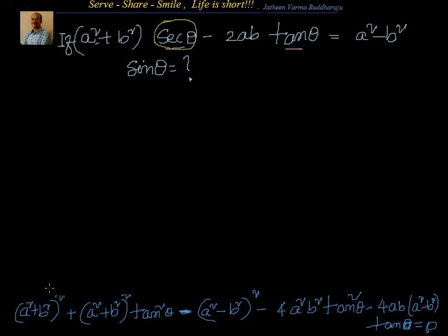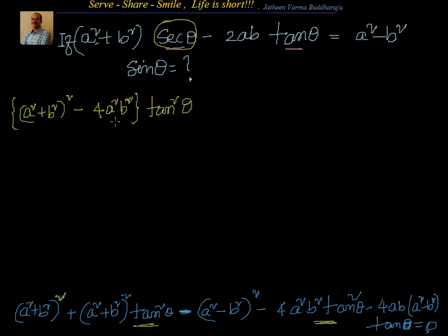Our next step is we will look into the like terms and try to simplify. I see one like term here related to tan square theta. So let me just write it down. I will say (a square plus b square) whole square minus 4a square b square, this whole thing, tan square theta. That's something like ax square.